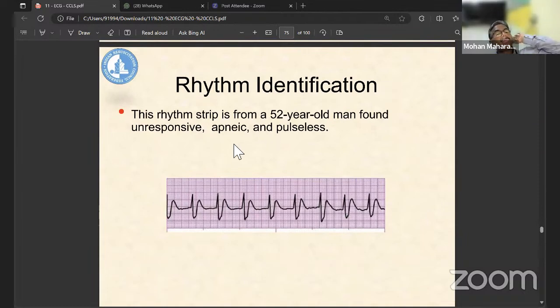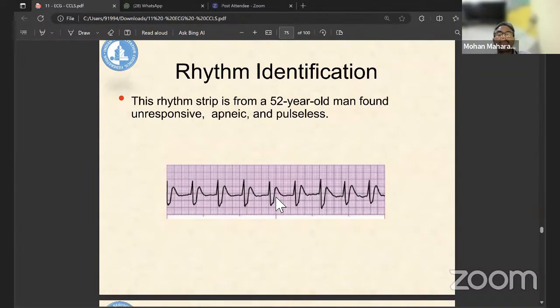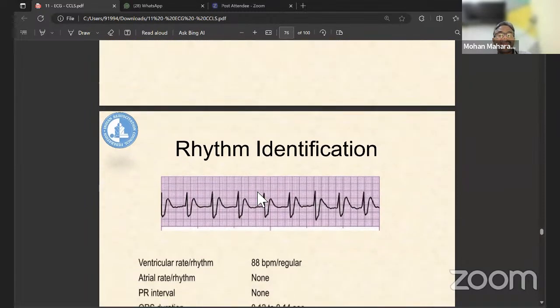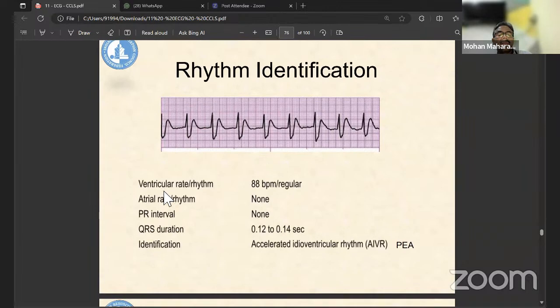This rhythm strip is from a 52 year old man, found unresponsive, apneic and pulseless. Again, look at the rate. Ventricular 88, atrial none, PR interval none because not seen.